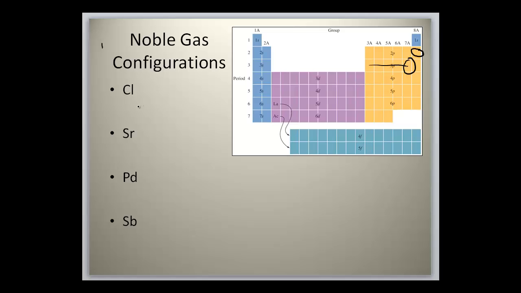In our case, that would be neon. So for chlorine, we take the electron configuration for neon, 1s2, 2s2, 2p6, and then just tack on the last energy level, 3s2, 3p6.